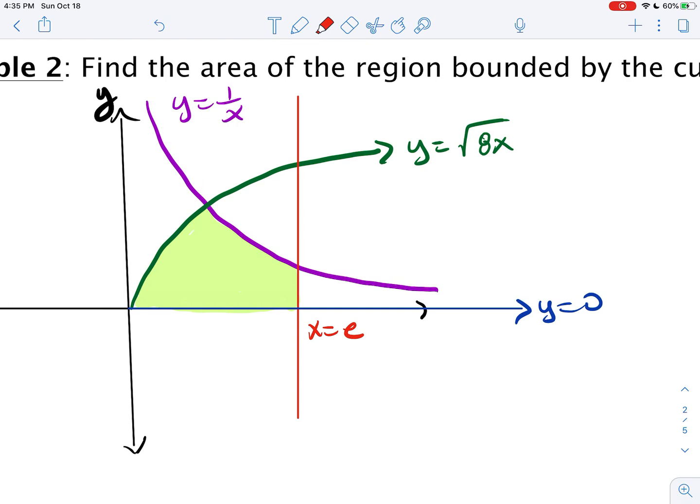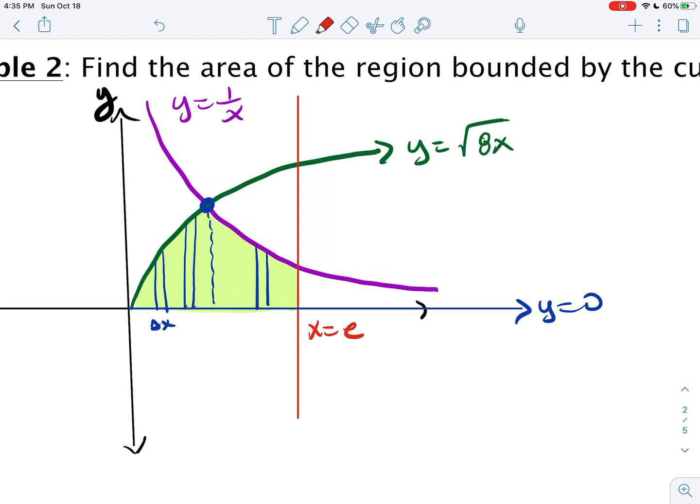Good. So I also see if I were to draw various shells or various delta slices, I still have the top function minus the bottom function, but on this side, the slices are different, right? I still have delta x slices, but I'm going to want to find this point of intersection here because I'm going to want to split up my integral and say the area is equal to the sum of its parts.